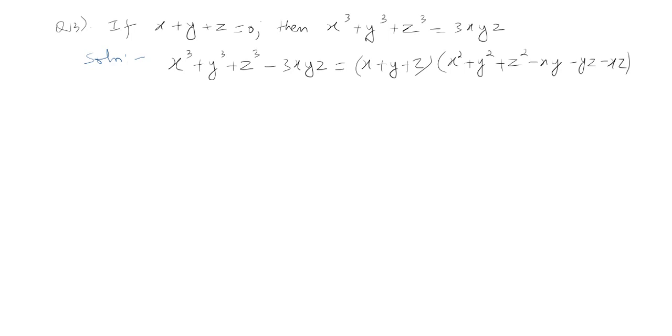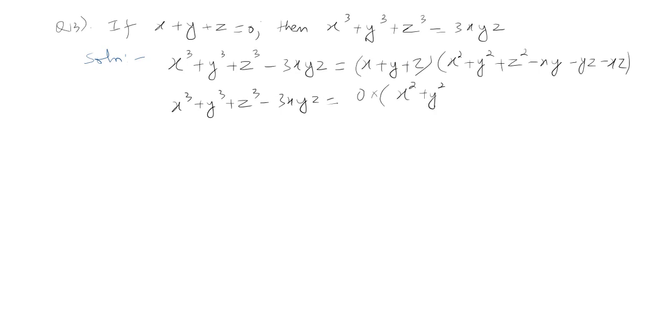Now in this identity, I'm going to write the same identity, but I'll make one change. First let me write the left hand side of the identity, which is the same. Nothing I'm changing. But what I know is that x plus y plus z is 0, so I can replace this with 0. Then the second bracket I'll write as it is.